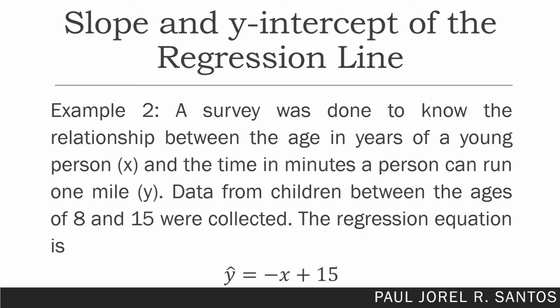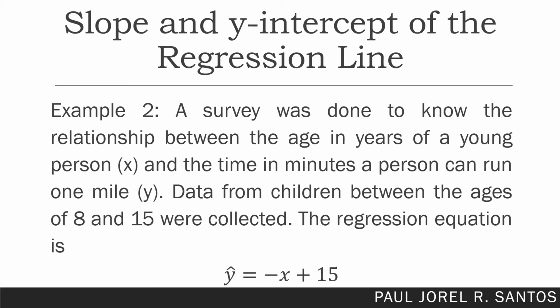To give you the second example, a survey was done to know the relationship between the age in years of a young person and the time in minutes a person can run 1 mile. The data from children between the ages of 8 and 15 were collected. The regression equation is y hat equals negative x plus 15.